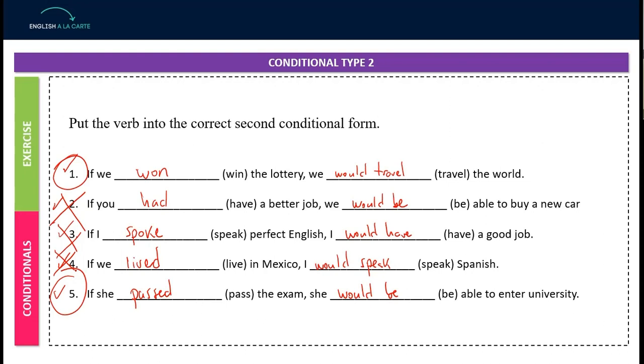If I passed the last exam, I would have holidays in August, for example.